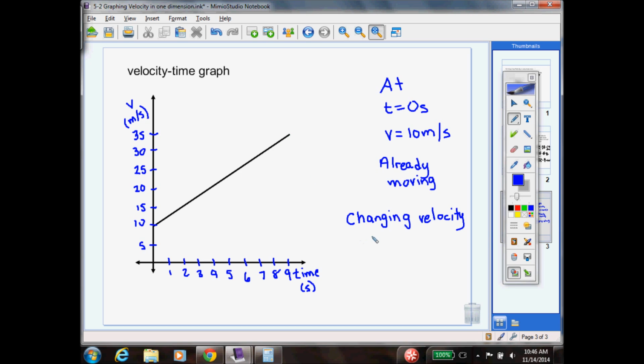So at the end, how fast is it going? 35. The velocity is 35 meters per second.